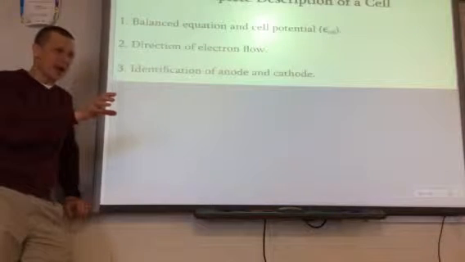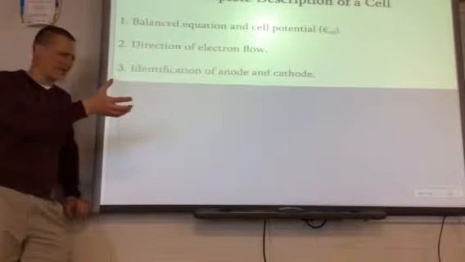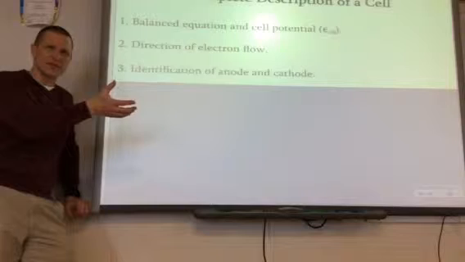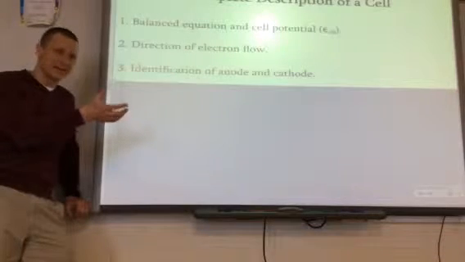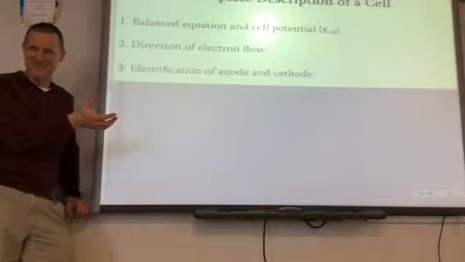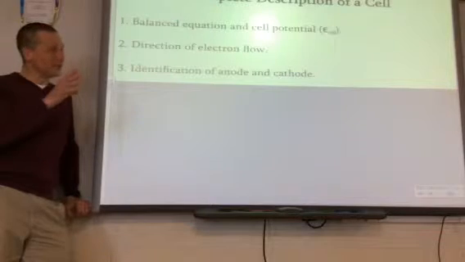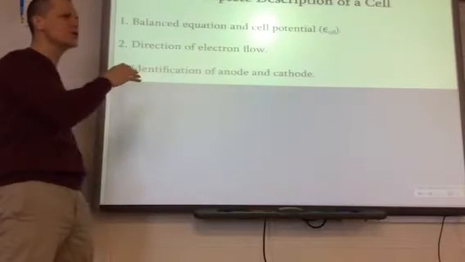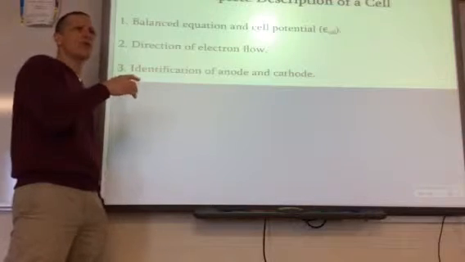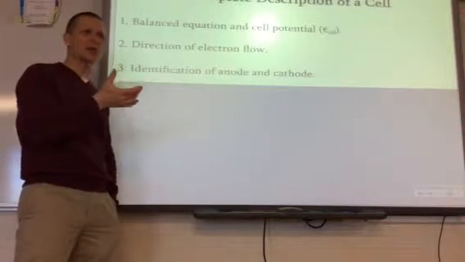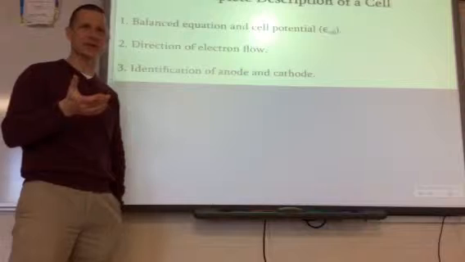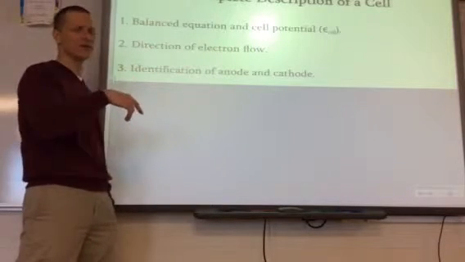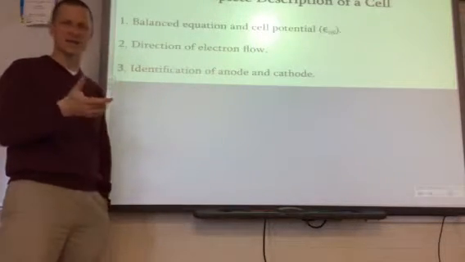They labeled the anode, but then it said reducing agent. You're like, huh? I thought that the anode had the thing that got oxidized. Yes, the thing that gets oxidized is the reducing agent. Now, I know that's confusing, but you'll see as we continue to do electrochem how you can justify why you would call the thing that gets oxidized the reducing agent. And on the other side of it, the thing that gets reduced is the oxidizing agent.